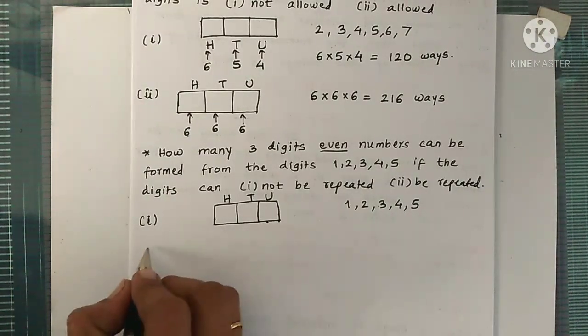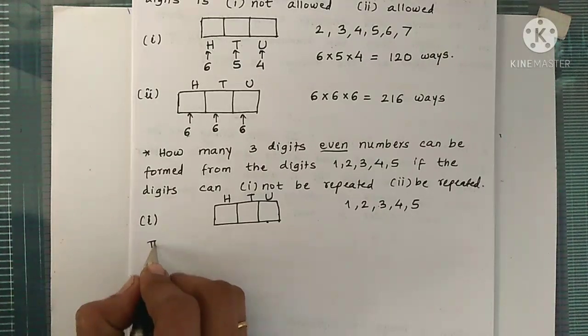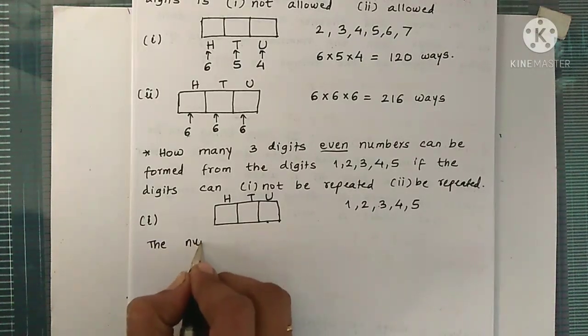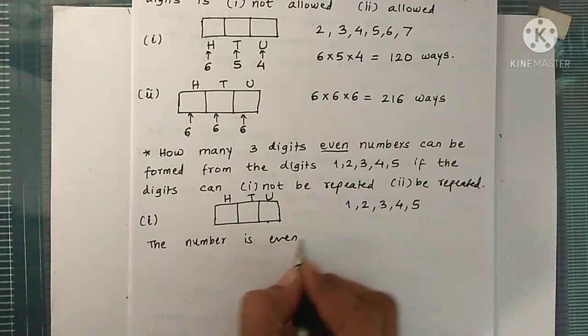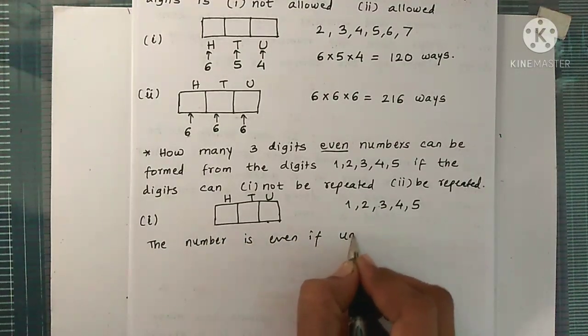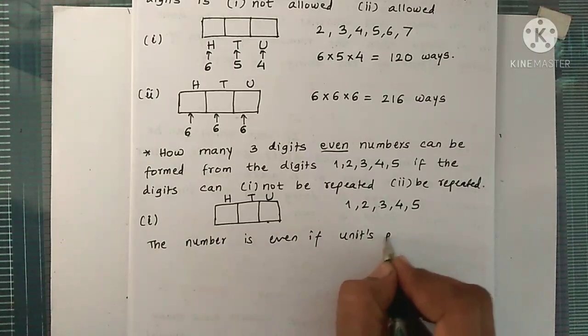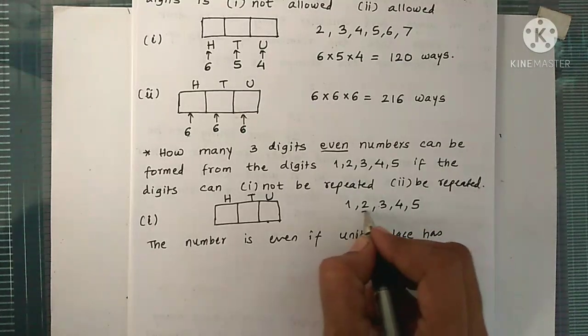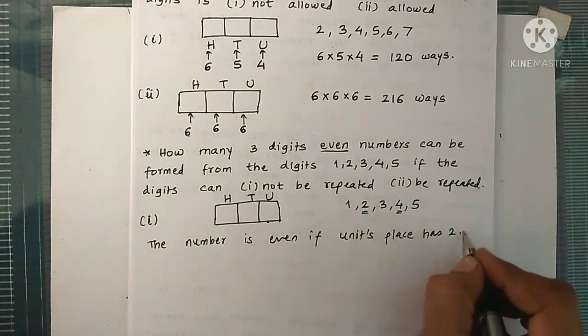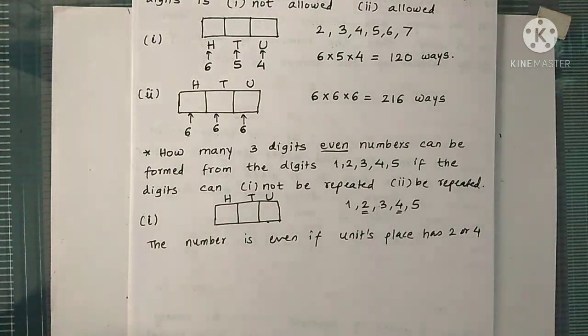Let's write that. The number is even if units place has 2 or 4. Okay.